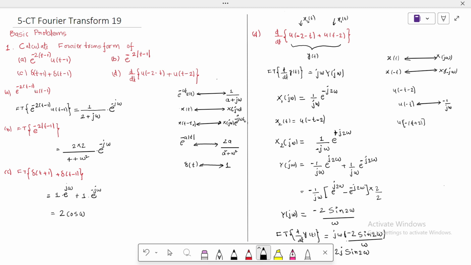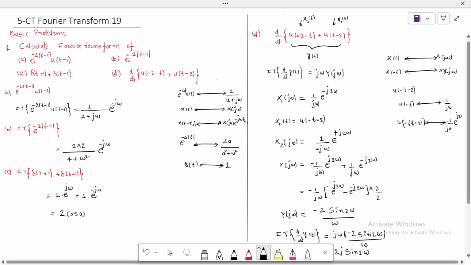So in place of the t there is a t plus 2, so it is time shifting. So that equals minus 1 by j omega into e power j into 2 omega. In this way also we can do that.